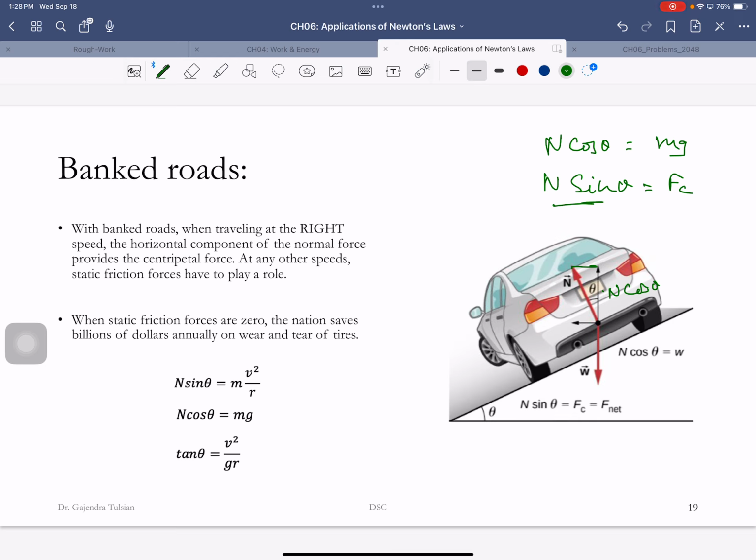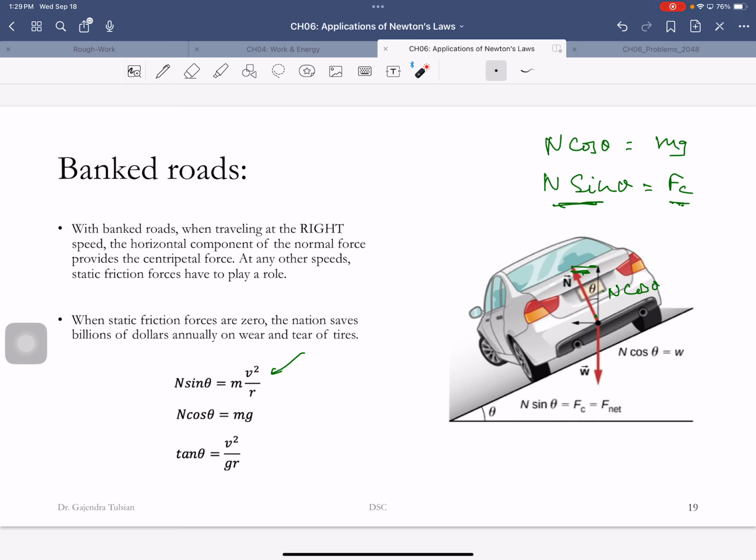Okay, and that specific speed is the following. So for that precise speed, N sine theta is providing you the centripetal force, which is that. N cosine theta is balancing your weight. And now if you divide that equation by that, tan theta is equal to v squared by gr.